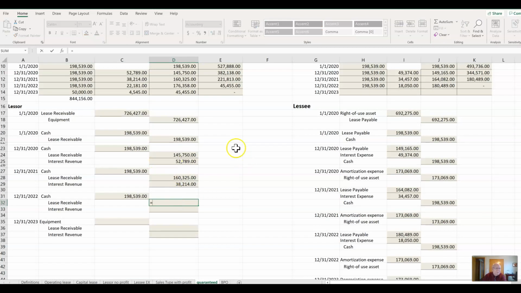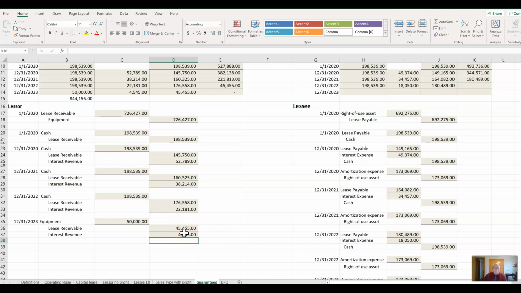Lease receivable is the 176 and interest revenue. Okay, then when I get the equipment back, that's coming back at 50,000, and the lease receivable is 45, and interest revenue is 45.